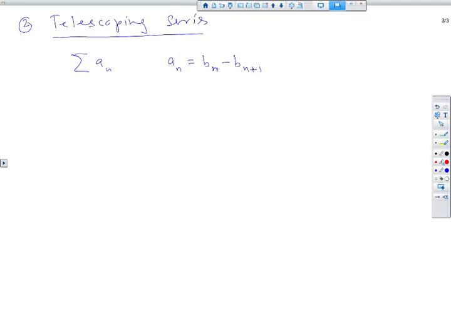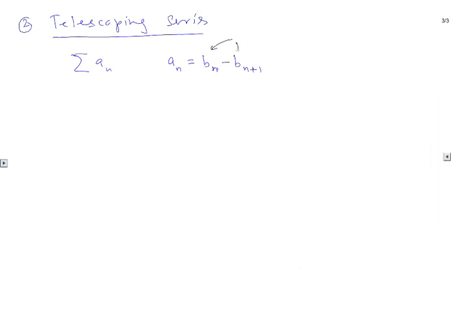So that's the kind of goal. If that is the case, something interesting happens. In this case, we call this kind of series a telescoping series.